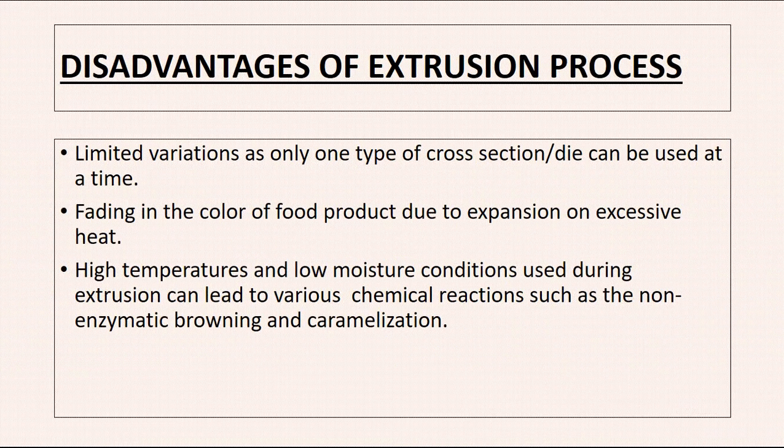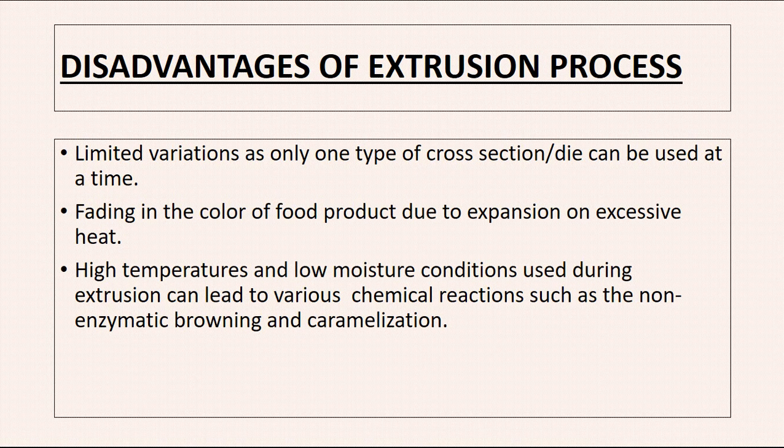Now coming to the disadvantages of the extrusion process. Only limited variations are possible while using the extrusion process because only one type of die can be used at a single time. The second disadvantage that we are sometimes faced with is that the color of food products may fade as we use excessive heat on the food products, and this can sometimes lead to the food being unattractive in looking.